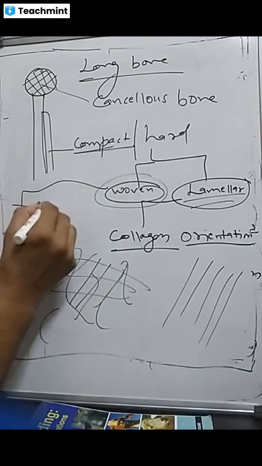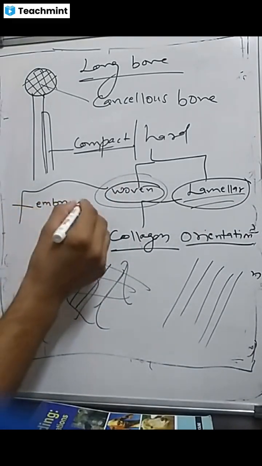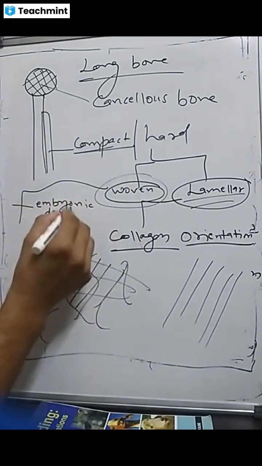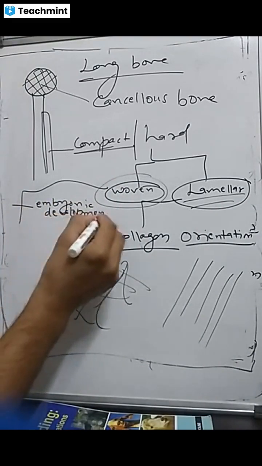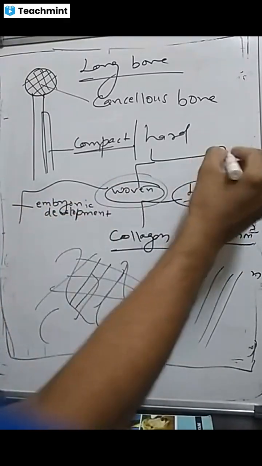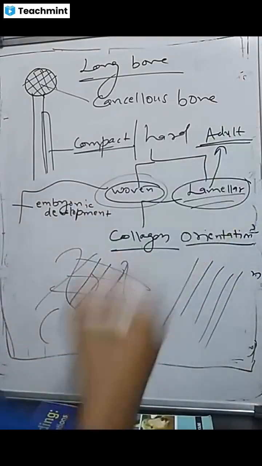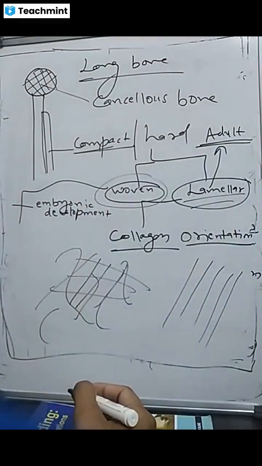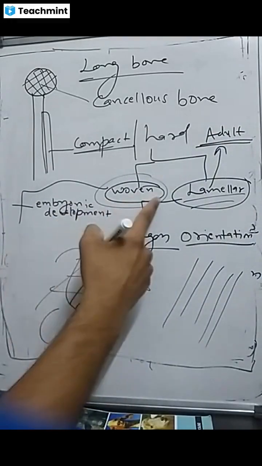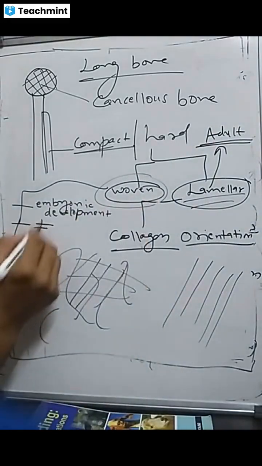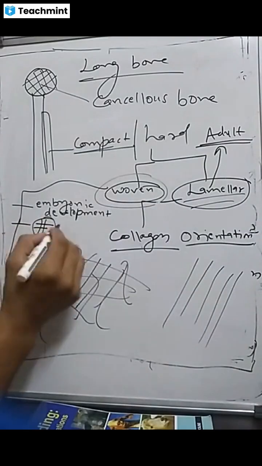Woven bone is present during your embryonic stage. This bone is also present in the adult animal body, but at the time of fracture.